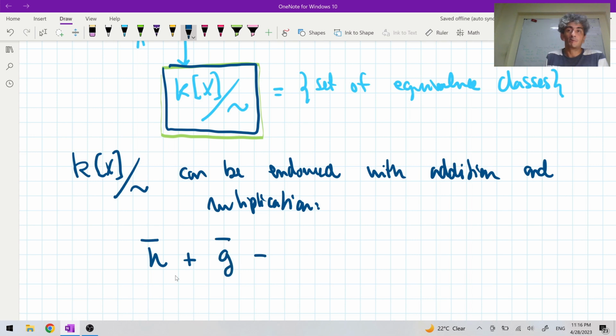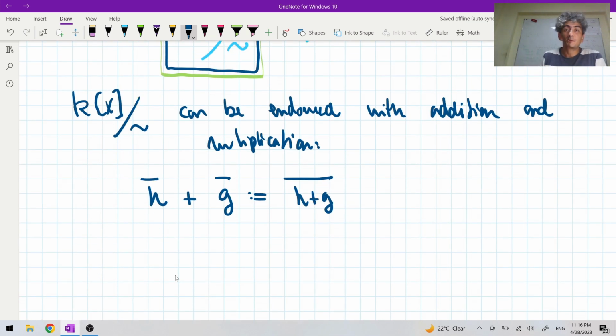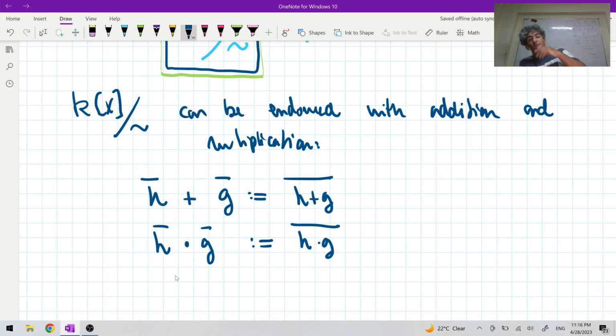Well, it can be seen that taking the addition of the polynomials and then taking the class, right? And multiplication can be defined similarly, right? How to multiply two classes? Well, what you do is take h, multiply by g, and then take the class.